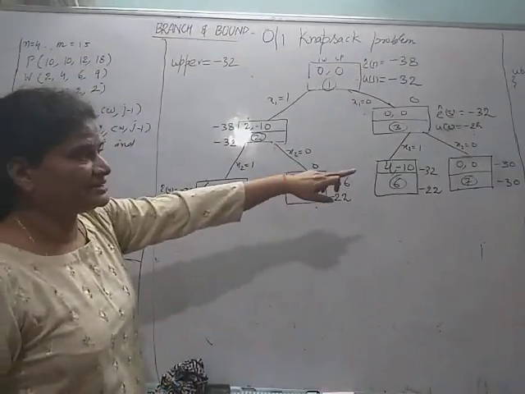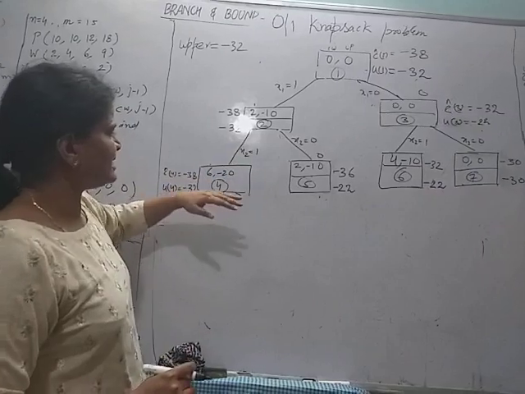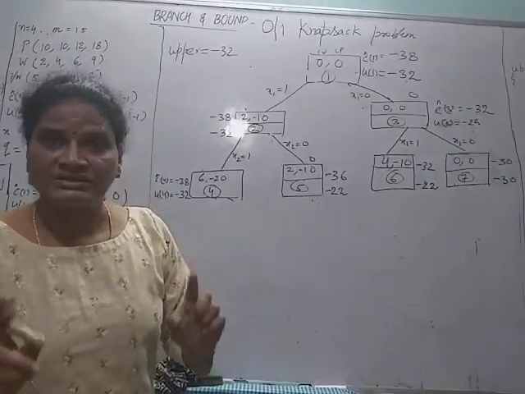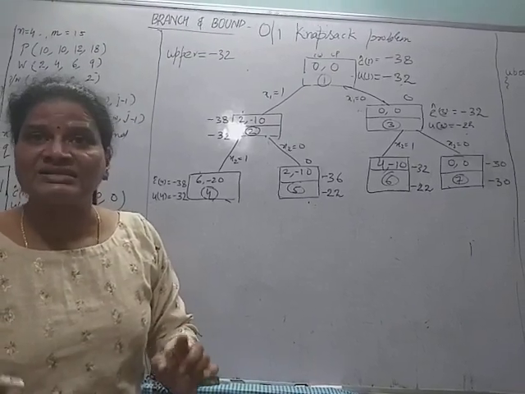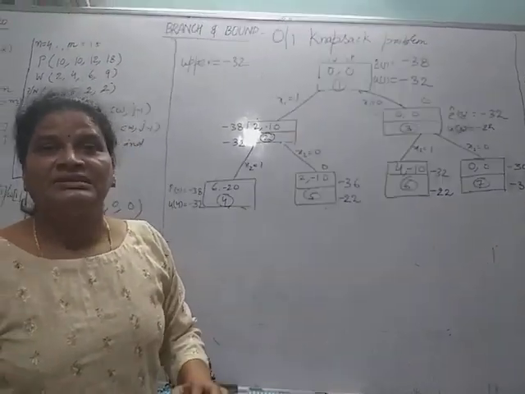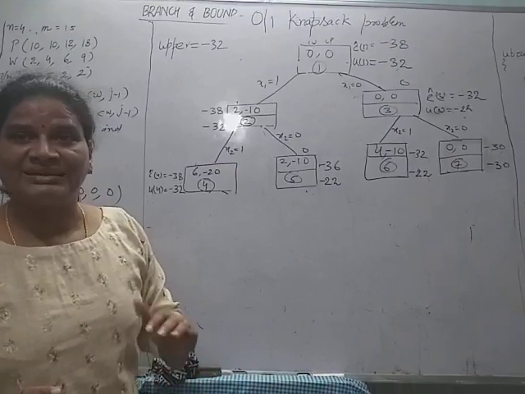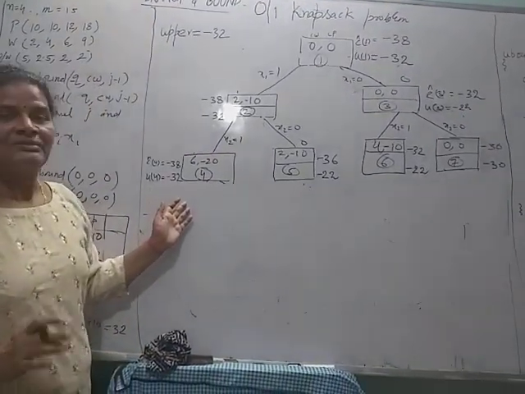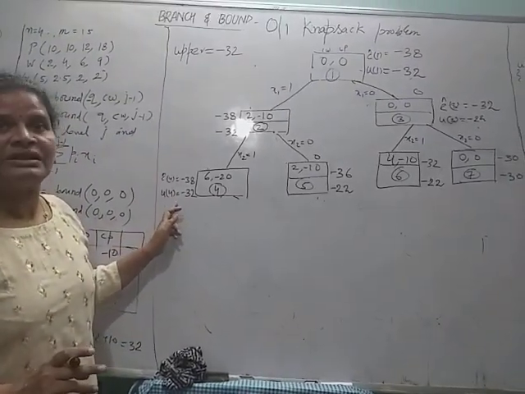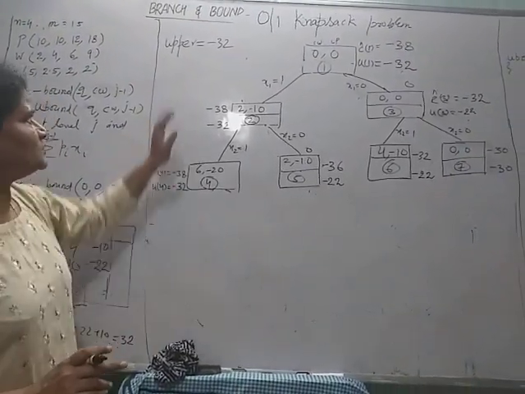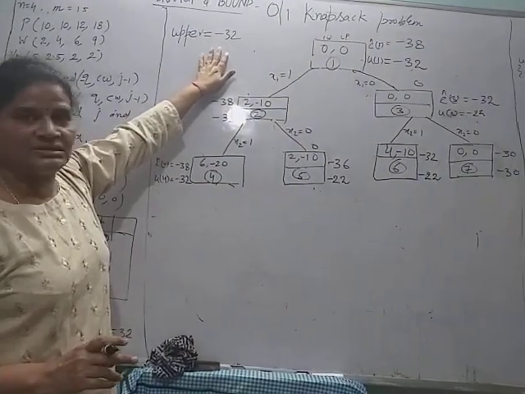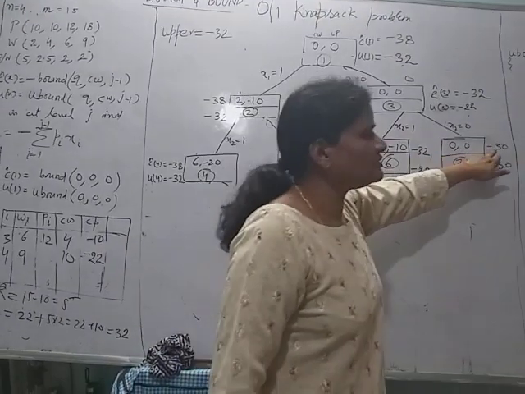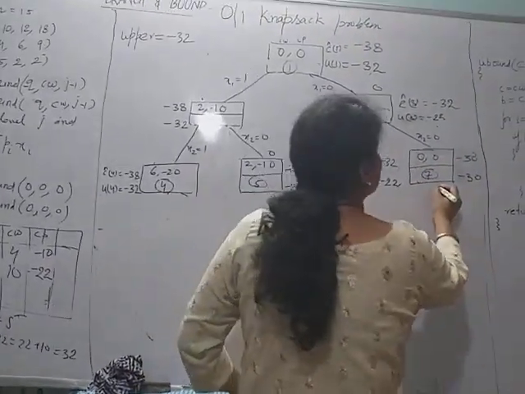At this time I have the live nodes 4, 5, 6, 7. I am solving this problem using FIFO branch and bound, where the next E node is taken as the first live node, but the lower bound and upper bound help in killing nodes. Here the upper is minus 32 when fractions are not allowed, and when fractions are allowed this gives minus 30, so this node is killed.